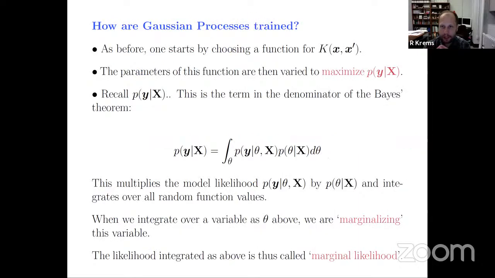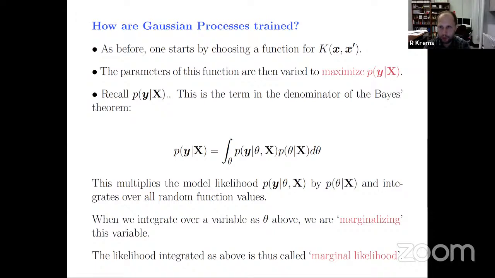Okay, so we talked about Gaussian processes quite a bit already, and we're going to be using them for our applications today. So one bit that's remaining for us to discuss is how Gaussian processes are trained. As in other kernel methods, one starts by choosing a function for the Gaussian process kernel.